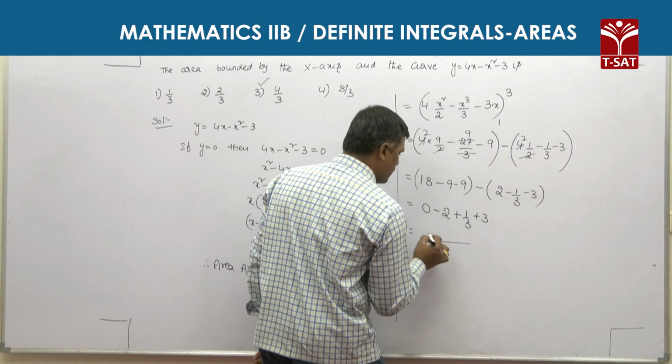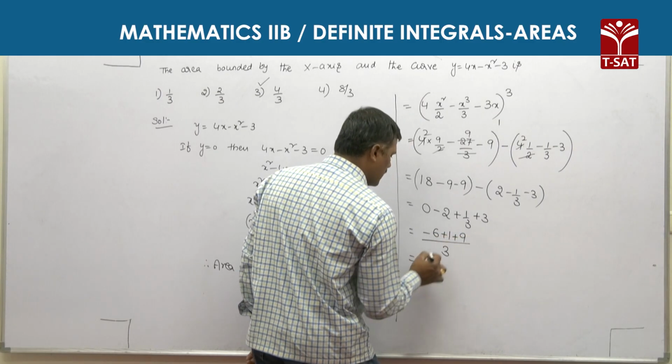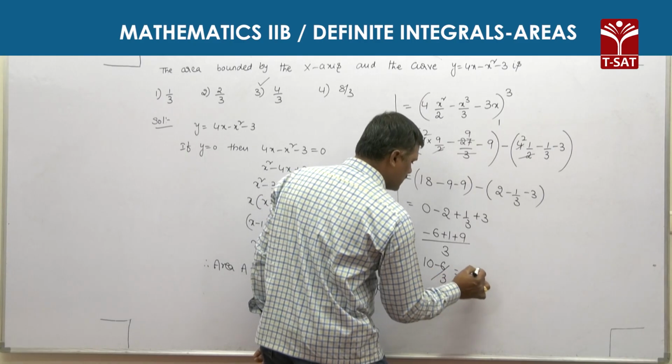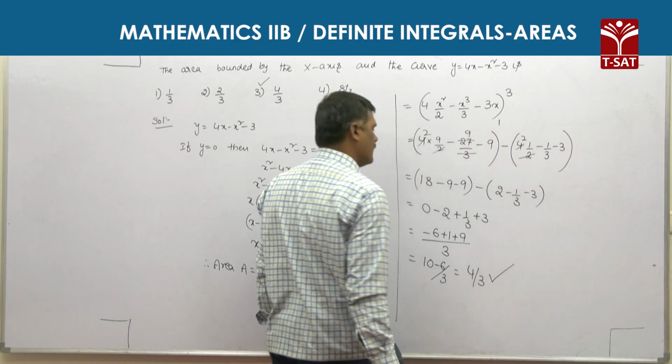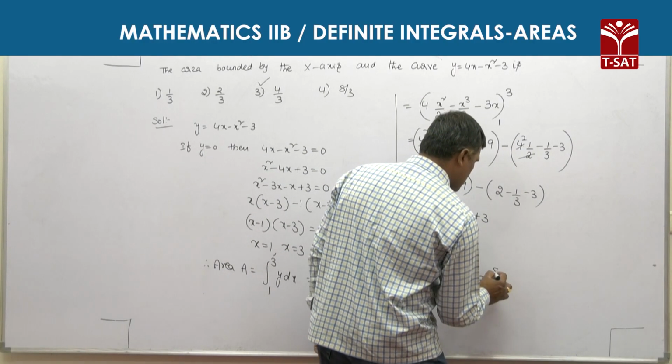LCM 3: minus 6 plus 1 plus 9, 10 minus 6 by 3, that is equal to 4 by 3, which is 4 by 3 square units.